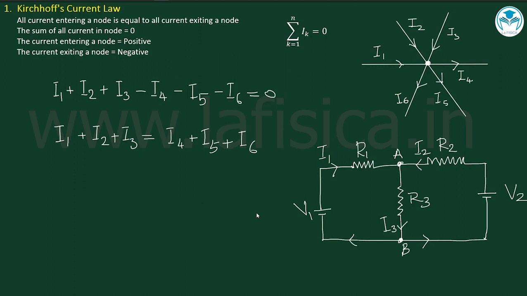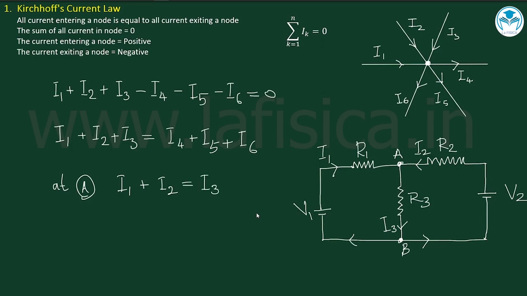Consider this circuit. Here V1 and V2 are voltage sources. I1 is entering this node, I2 is entering this node, I3 is exiting this node. Then at node A, we can write I1 plus I2 equal to I3.